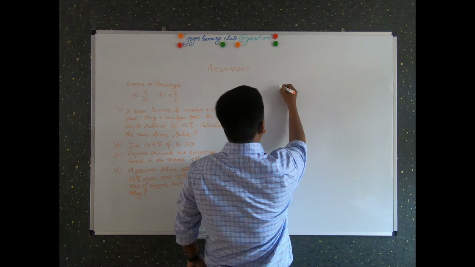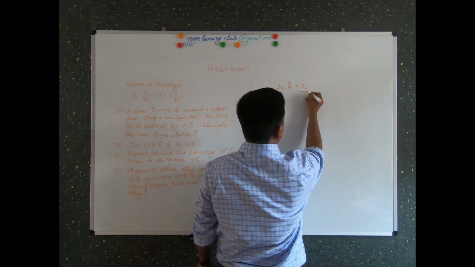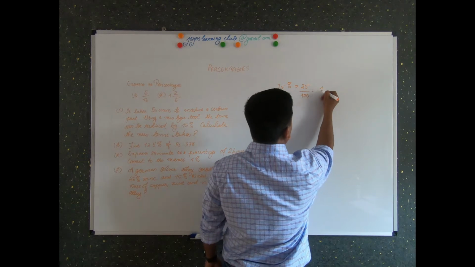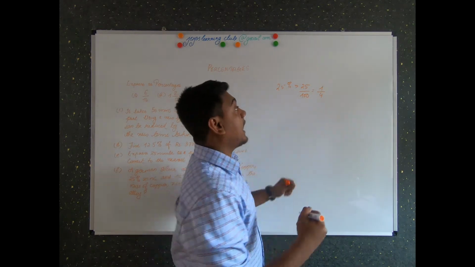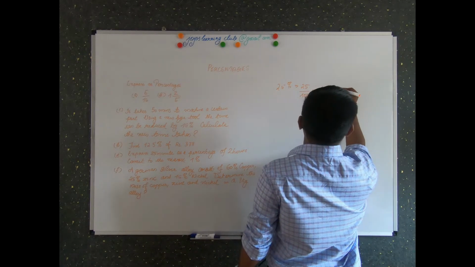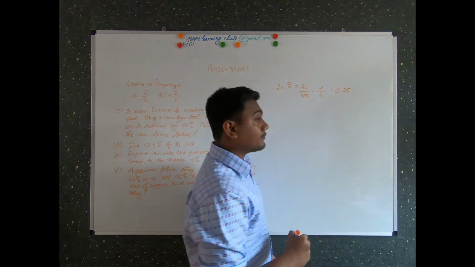So 25 percentage you can represent in terms of fraction as 25 by 100, which is nothing but 1 by 4. This is in terms of fractions, and you can also represent it in terms of decimal fractions, that is 0.25.